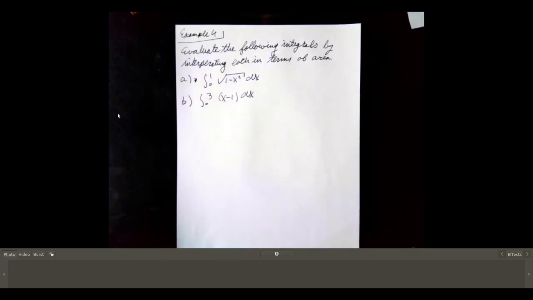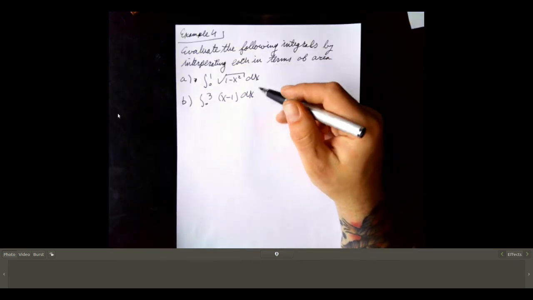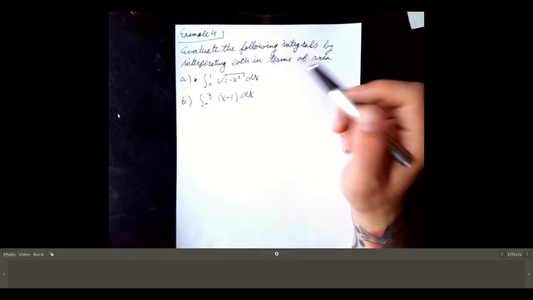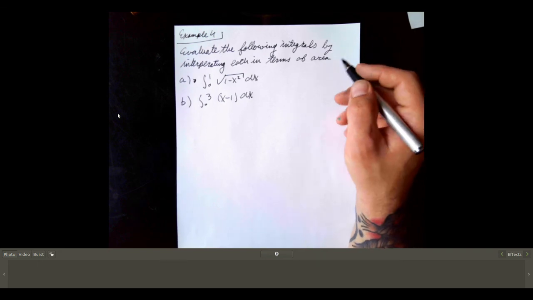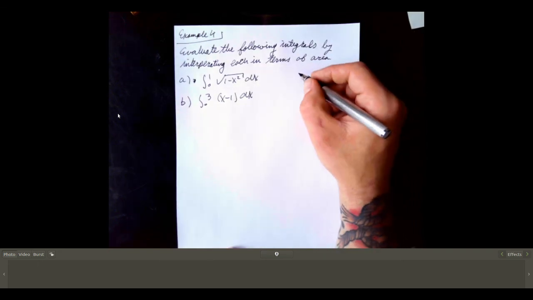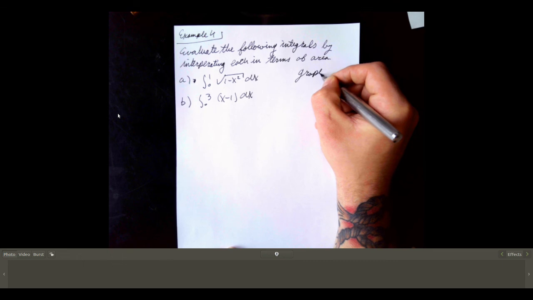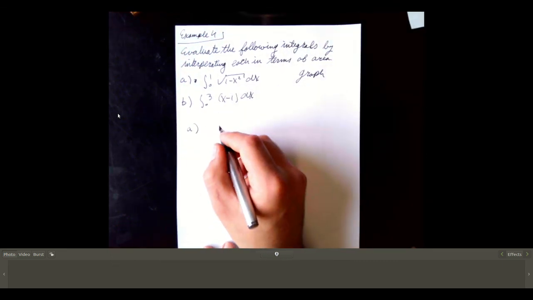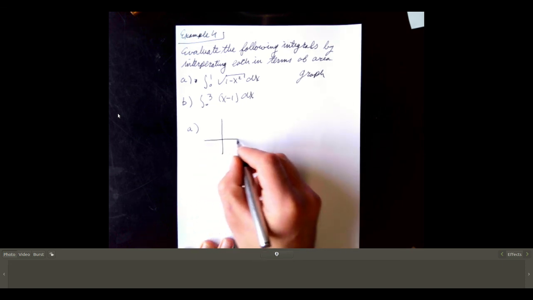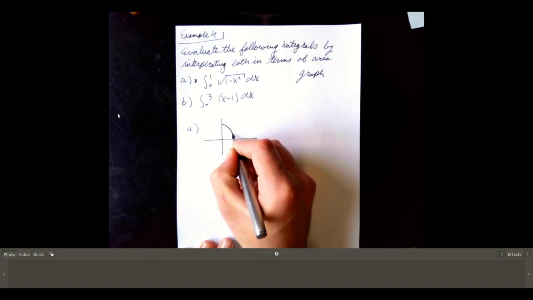So example 4, don't forget that integrals are talking about area. Every integral has a picture. If we want to evaluate the following integrals by interpreting each in terms of the area, that means we really want to graph these things. For a, the square root of 1 minus x squared is a quarter of our unit circle.